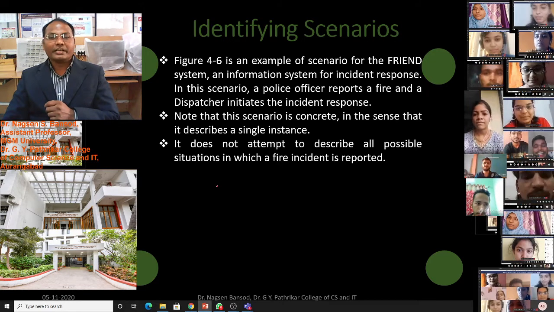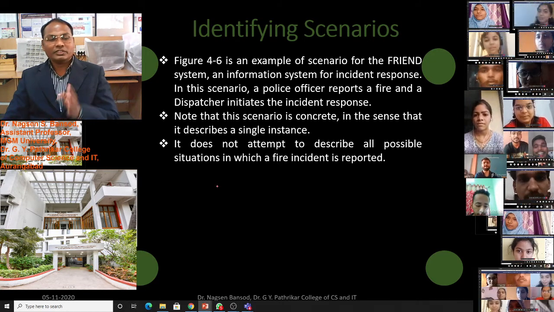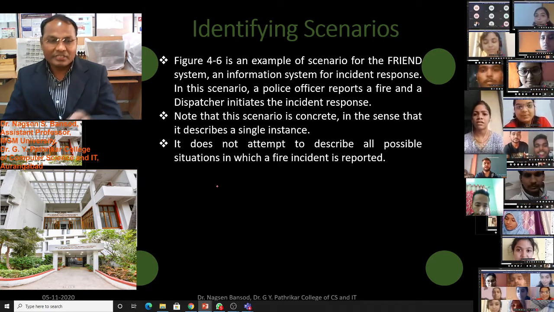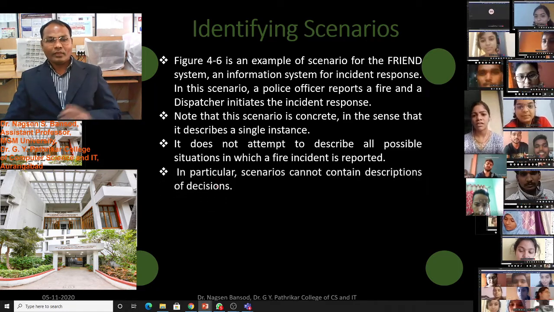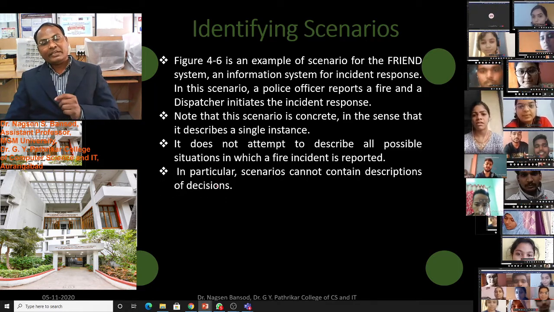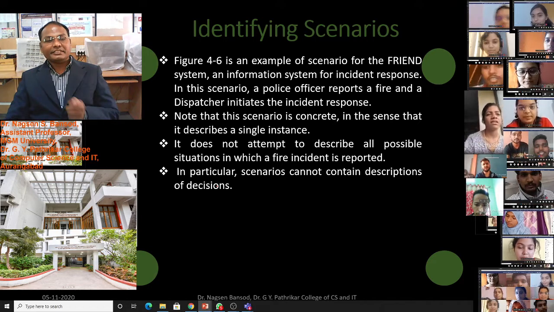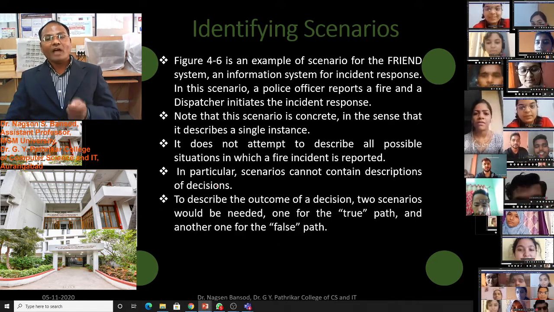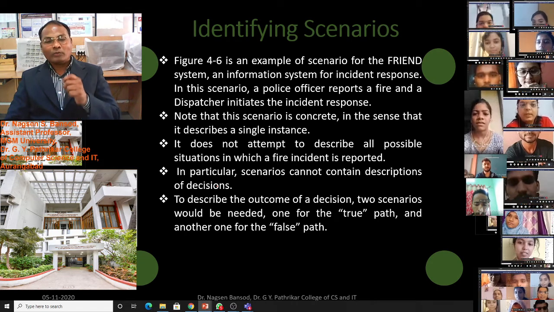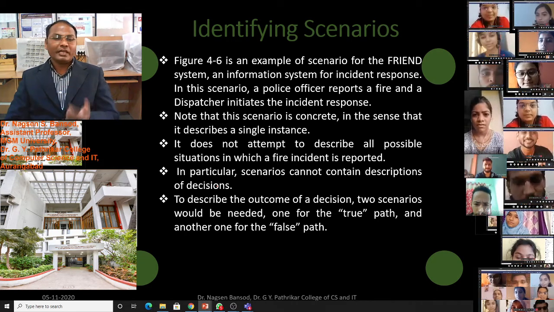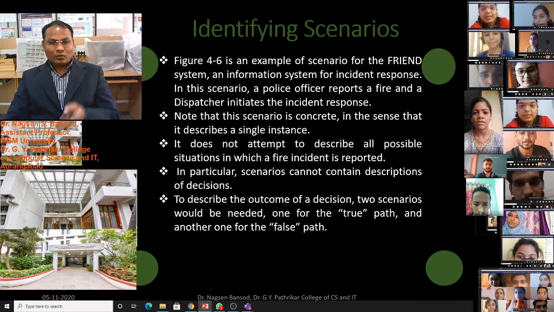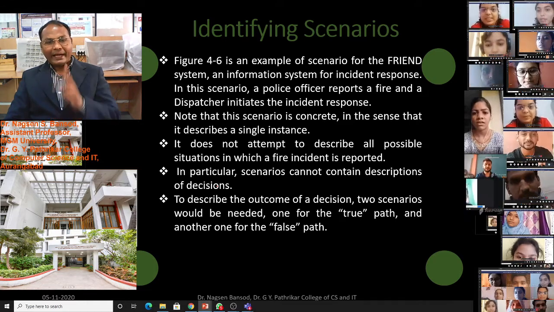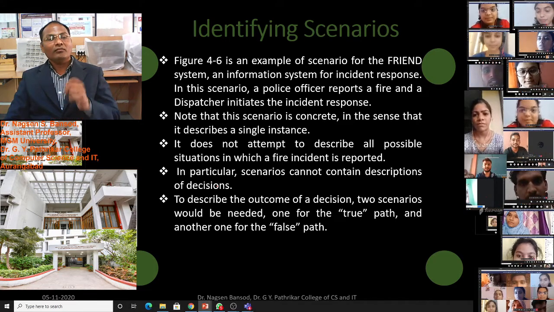It does not attempt to describe all possible situations in which a fire incident is reported. In particular, a scenario cannot contain descriptions of decisions. To describe the outcome of a decision, two scenarios would be needed, one for the true path and another for the false path.